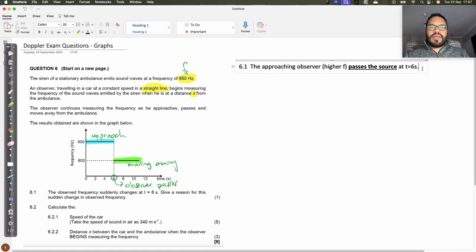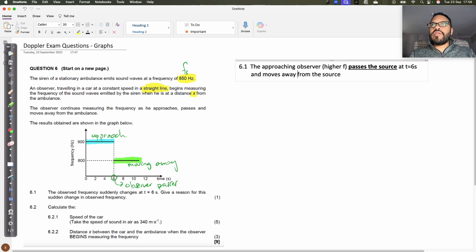Okay, right? At t equals 6 seconds. That's what happens. Because they're saying it suddenly changes at t equals 6 seconds. Here it's approaching, there it's moving away. So at t equals 6 seconds, passes the source and moves away from the source.